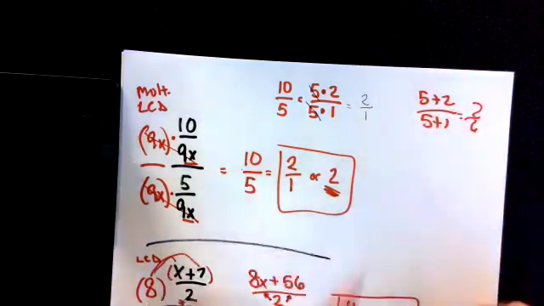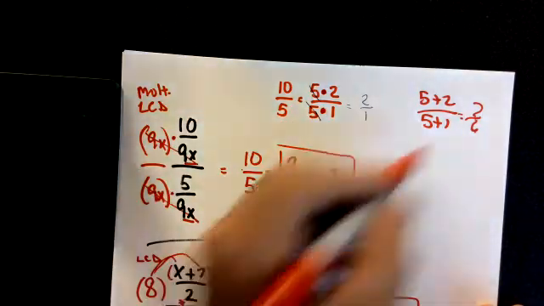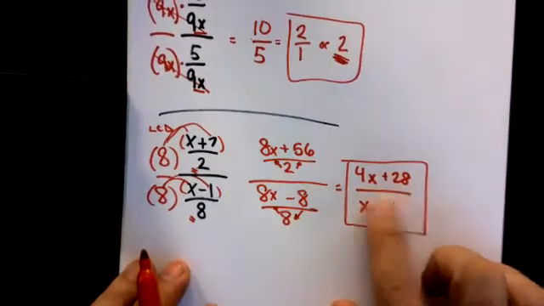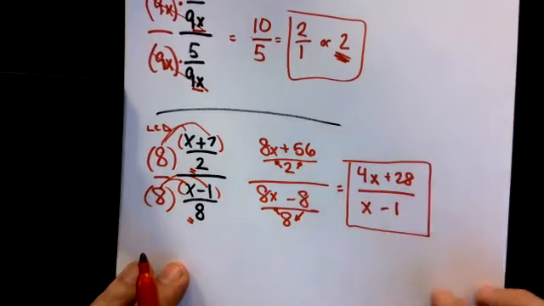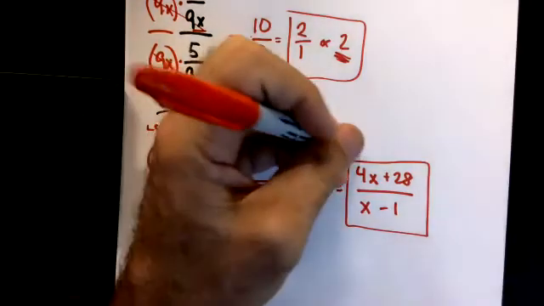So when it's an addition problem, you can't just cancel your x's like that. You can only do that within a multiplication problem, if that makes sense. So anyway, when you have a problem like this, (4x plus 28) over (x minus 1), you can only cross out or simplify if you have a common factor, meaning multiplication. Okay, so this is technically simplified.